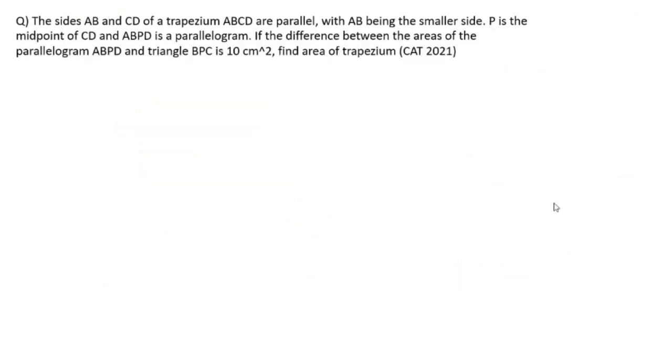This came last year in CAT. The sides AB and CD of a trapezium are parallel, AB being the smaller side, so if this is AB, this is CD. P is the midpoint of CD, so okay, this is the midpoint.